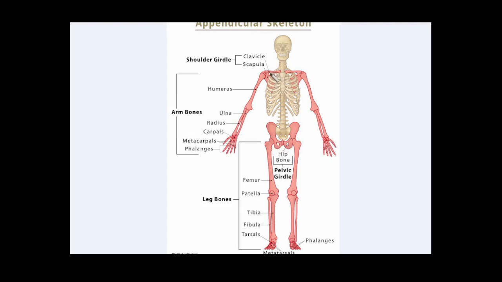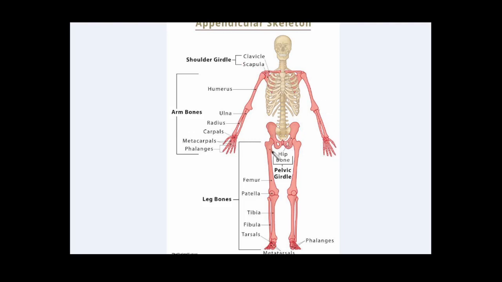In the upper neck here, we have something called the clavicle, and at the back of the ribs, if you look closely, you will notice that there is a flat plate, and that flat plate is called the scapula. They make up the shoulder girdle or the pectoral girdle. Then we have the upper limbs here, the forearms.